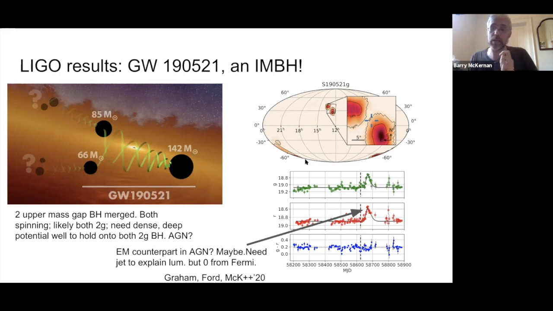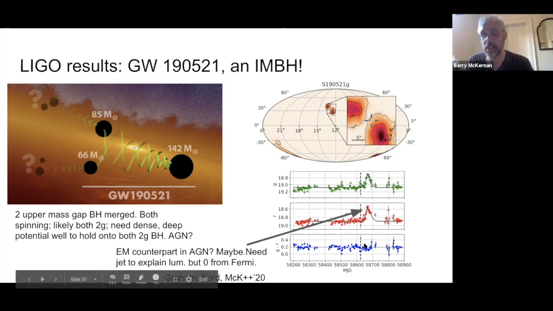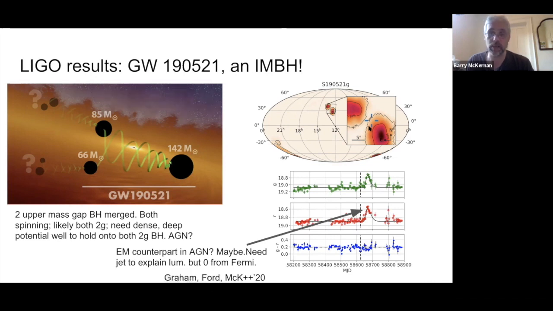There was an EM counterpart, a candidate counterpart, I should say, observed by ZTF. We found a weird flare in a particular AGN in the LIGO error volume.